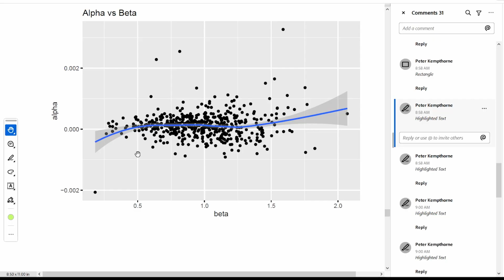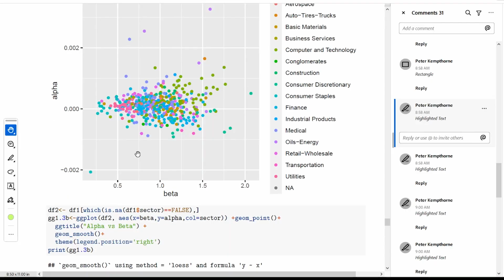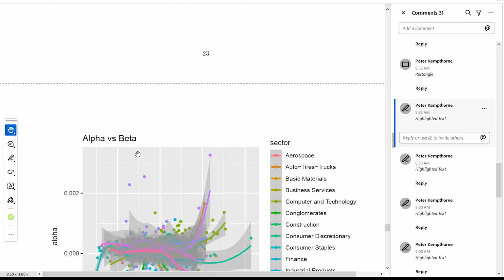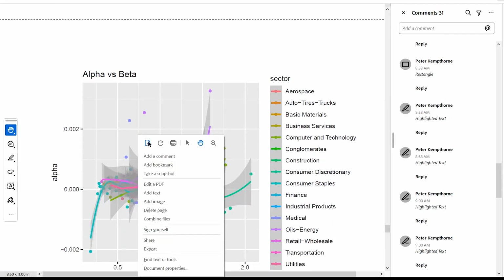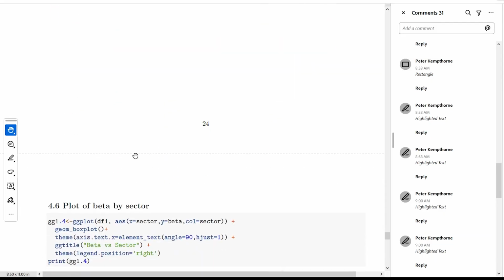But this chart doesn't show how alpha varies by sector. So if we try to look at alpha by sector, we get different fits for different sectors, which is too complex really to interpret as graphed here, but it is a first step at trying to understand how alphas might vary within different sectors.